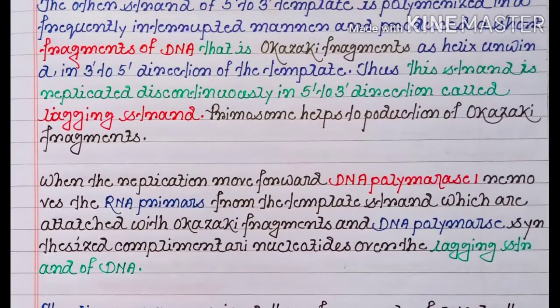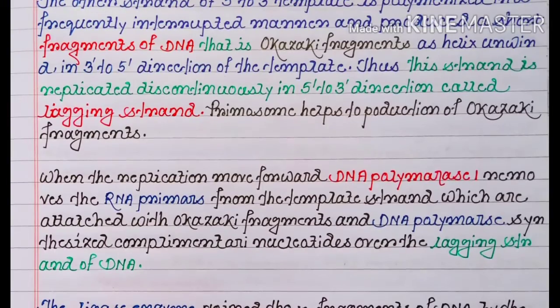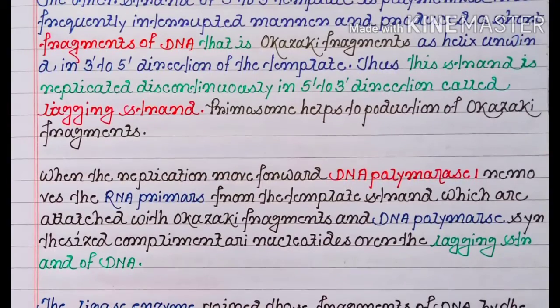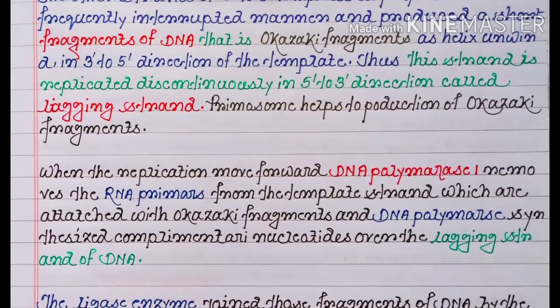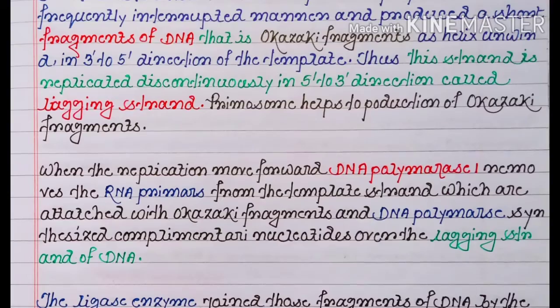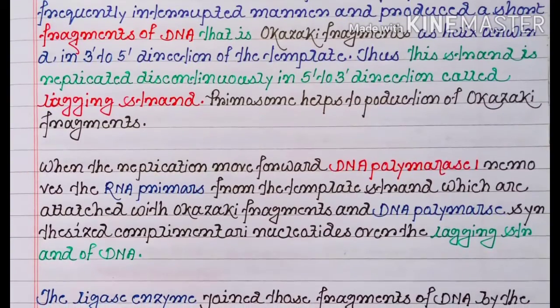Thus, this strand is replicated discontinuously in the 5' to 3' direction and is called the lagging strand. The primosome helps in the production of these Okazaki fragments.